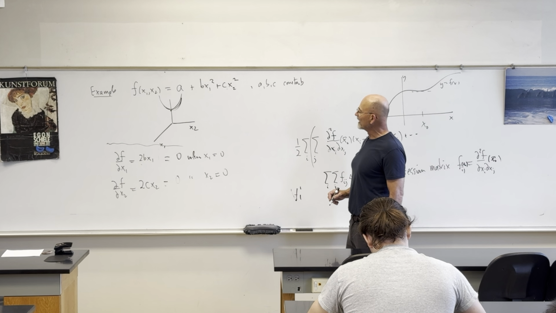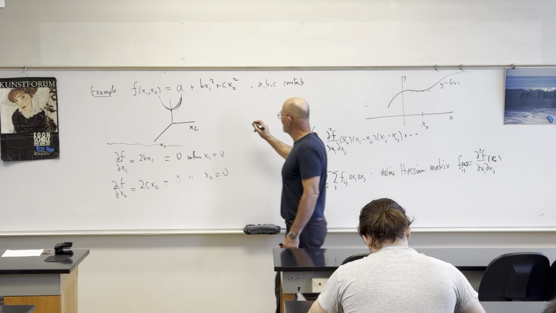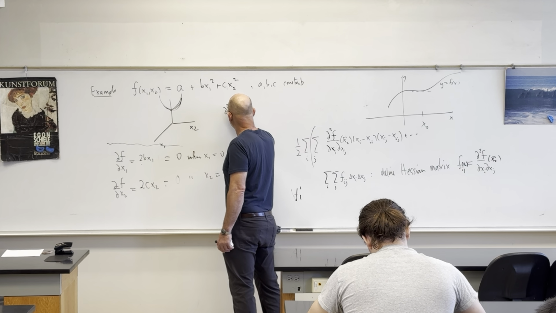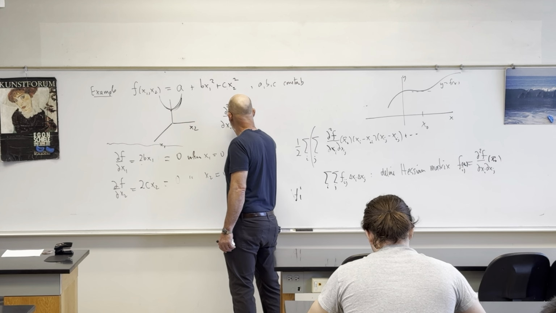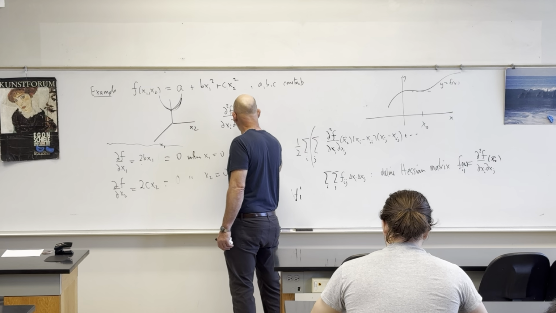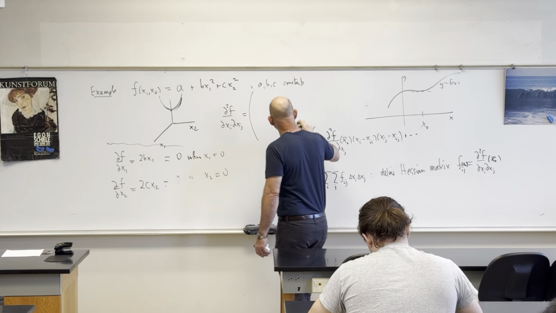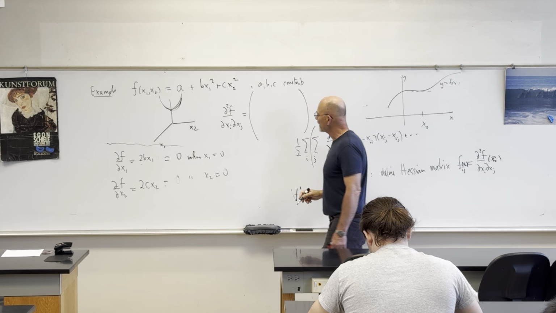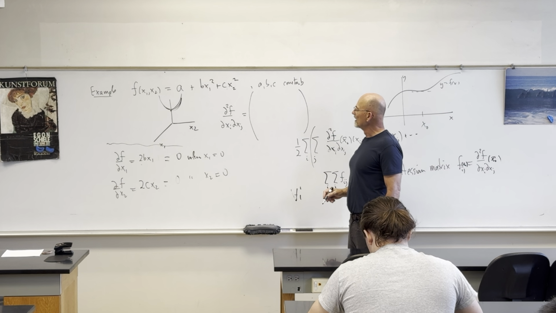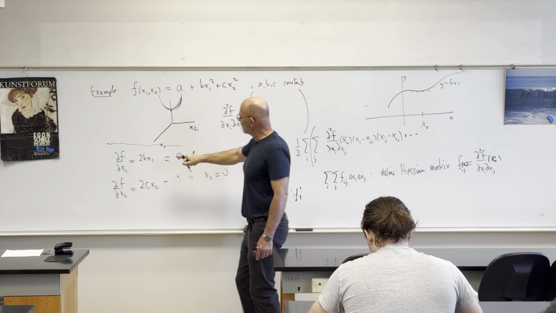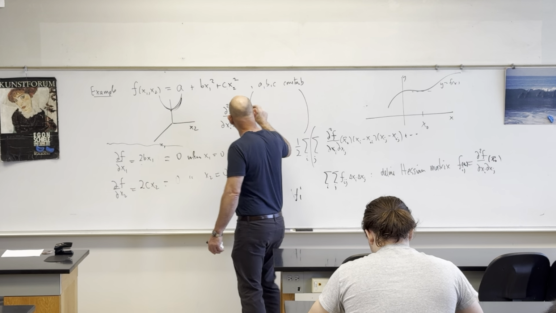Now the Hessian matrix, d squared f dxi dxj. That's going to be a 2 by 2 matrix. The second derivative with respect to x1 is just 2b.